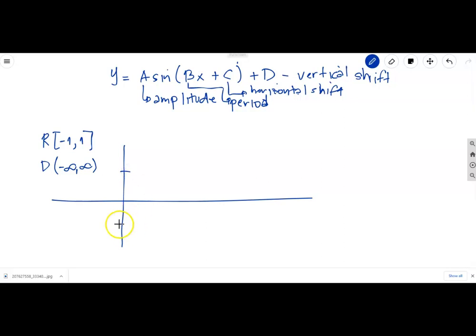The period is 2 pi, so for y = sine x, the period is 2 pi over b, where b is the coefficient of x. So we have 2 pi for our period, from 0 going to 2 pi. Dividing by 2, we get pi, and the midpoints are 3 pi over 2 and pi over 2. This is the graph of sine.